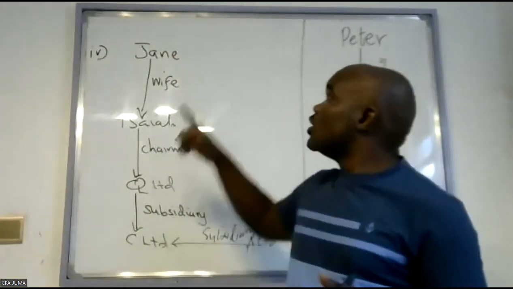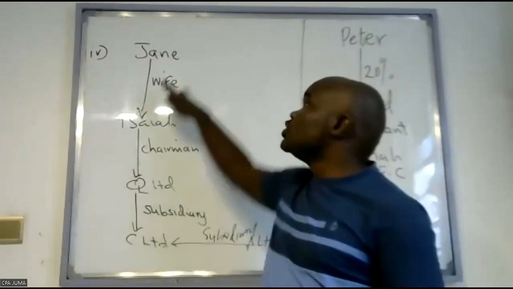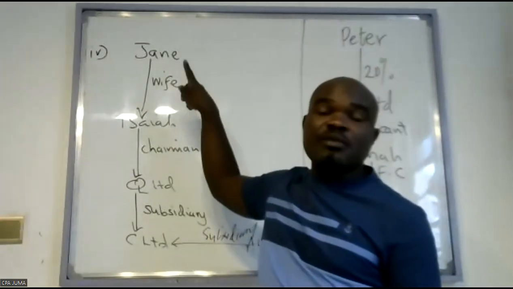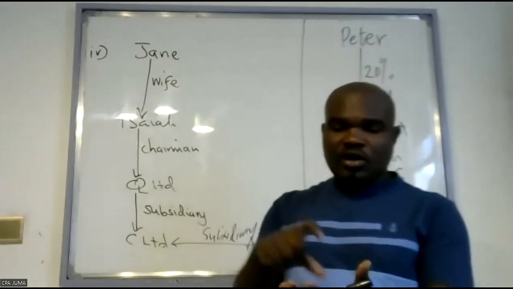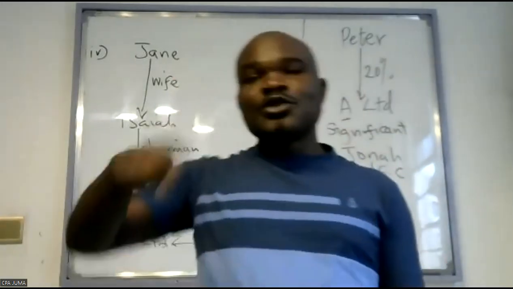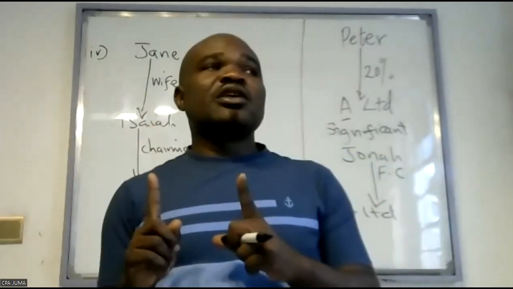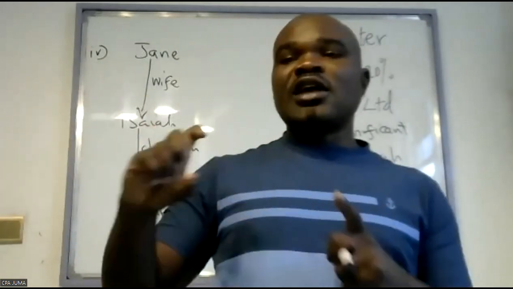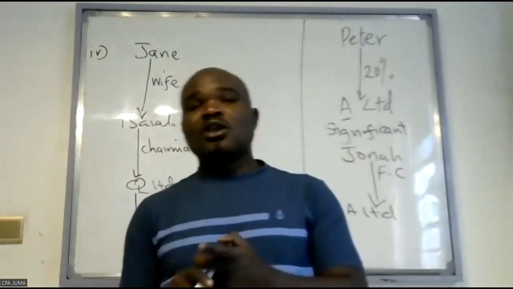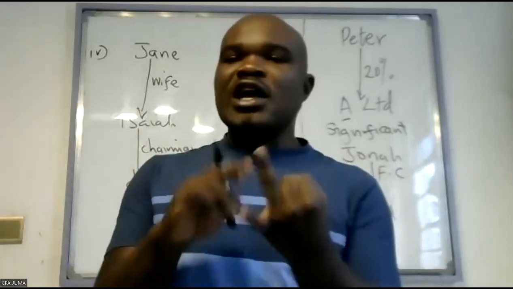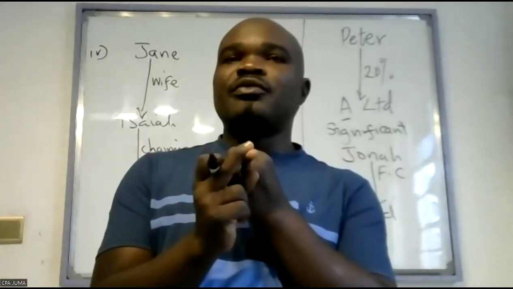Number one, from literal view, Jane is a related party to A because Jane is a close family member. Any close family member is also related to the companies to which you are related to. But when answering that question in exam, you give them in 2 tiers. You must have a yes and a no answer at the same time.